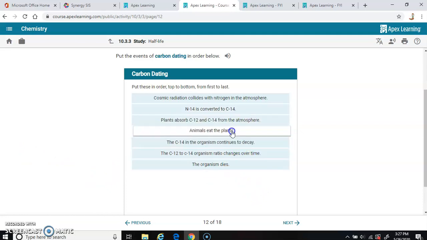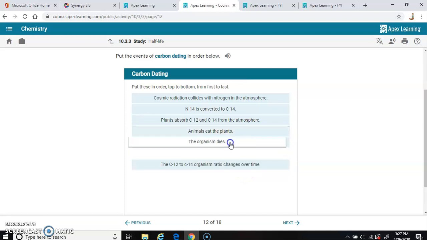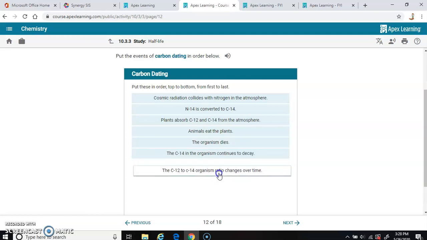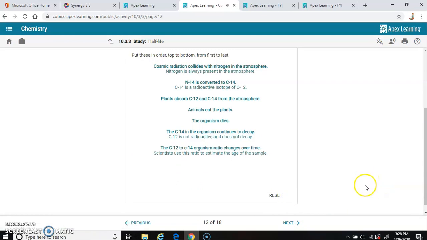The animals then eat the plants. The organism is going to die eventually. And then we have the ratio change at the end. So let's check it. Yep, correct.